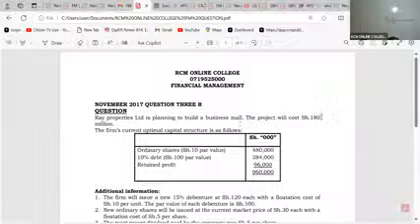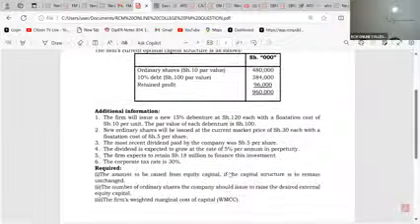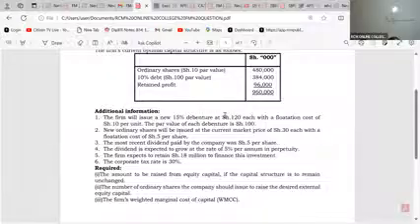The project will cost 180 million. The firm's current optimal capital structure is as follows: ordinary shares, 10% debentures, and retained profit. Additional information. The firm will issue a new 15% debenture at shillings 120 each with a flotation cost of shillings 10 per unit.